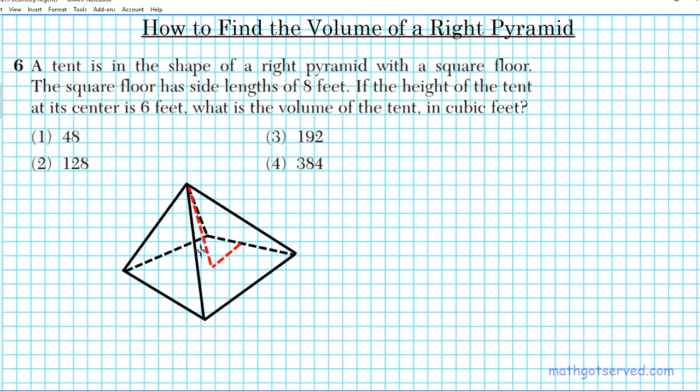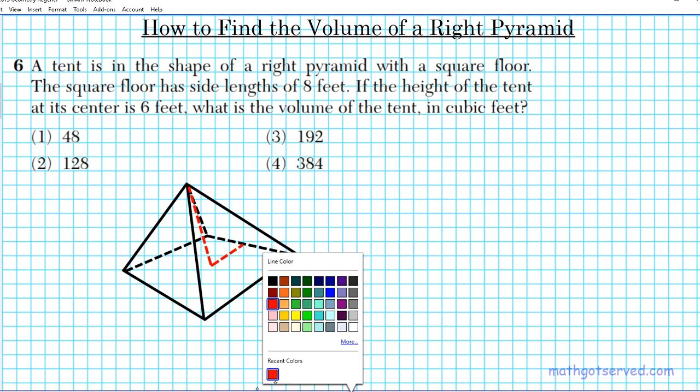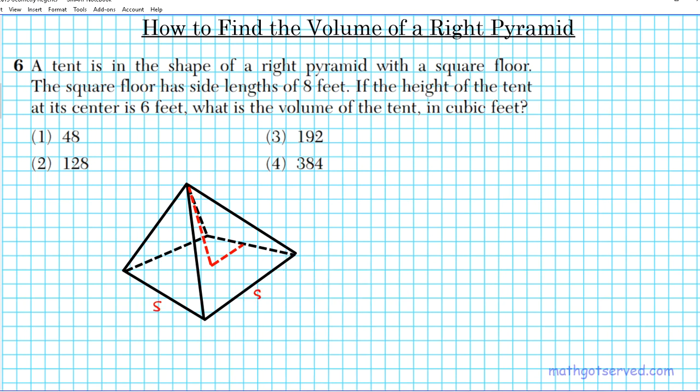So this is basically the altitude or the height of the right pyramid. Okay, let's label it. The sides of the square base, we're going to call those S. So this is S, S, and then the height of the pyramid is going to be H.